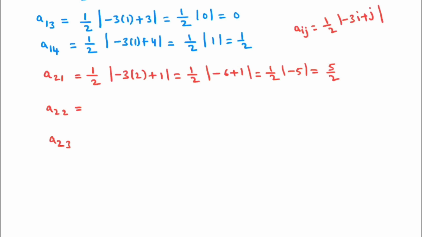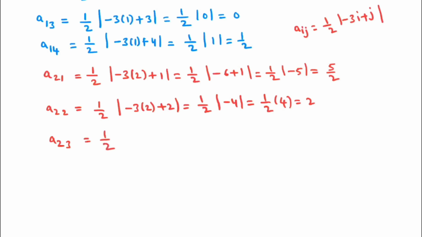That equals 1 by 2 into modulus of minus 3 into 2 plus 2. That equals 1 by 2 into minus 6 plus 2. Look here, minus 6 plus 2 is minus 4. Modulus of minus 4 is 4 only. So 1 by 2 into 4 is 2.